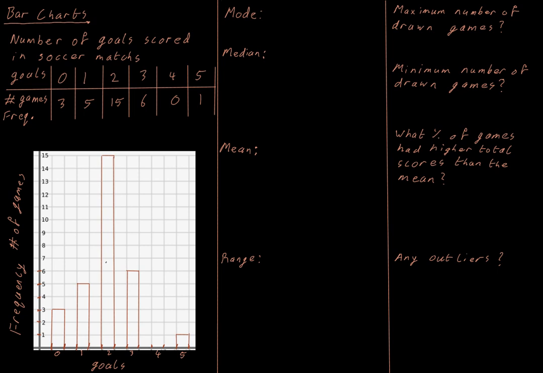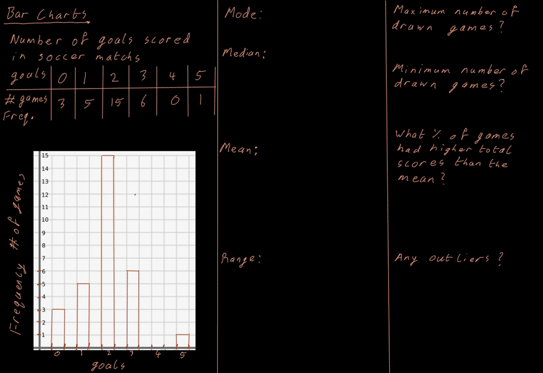Now I have all of my boxes drawn in, and again, neatness is key. I'm using my grid lines to keep everything straight. All of them, I can see exactly how tall they need to be because I've put my frequency numbers across my grids on my page, and I've used a ruler to keep everything very neat. And if we don't do that, we lose a lot of marks, and we should be getting full marks for a graphing question like this.